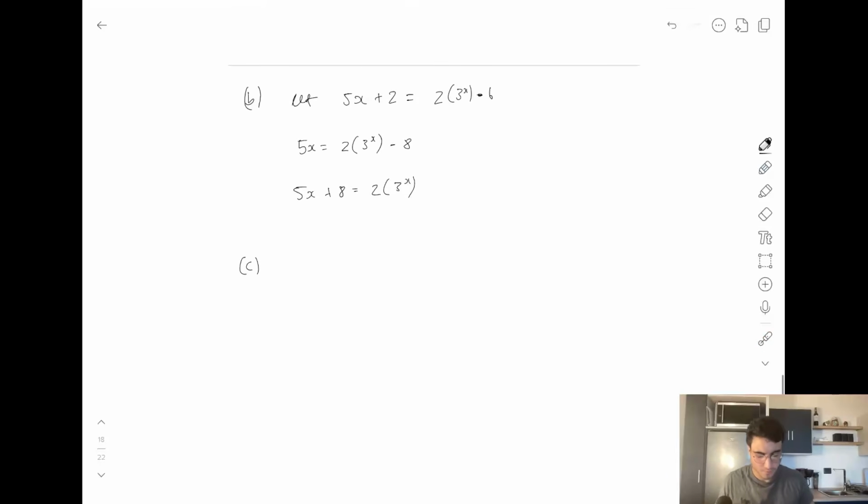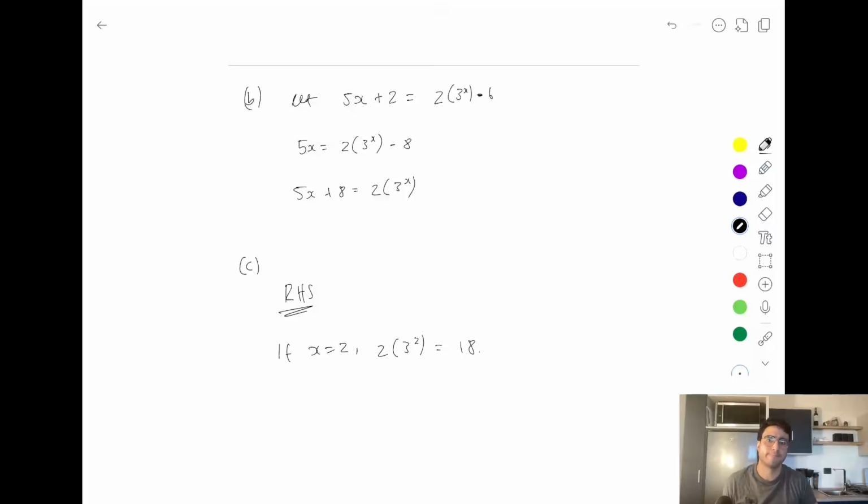So what I'm going to say is, right hand side, okay, if x equals 2, right, then 2 times 3 to the 2, giving me 2 times 3 squared, is going to give me 18.